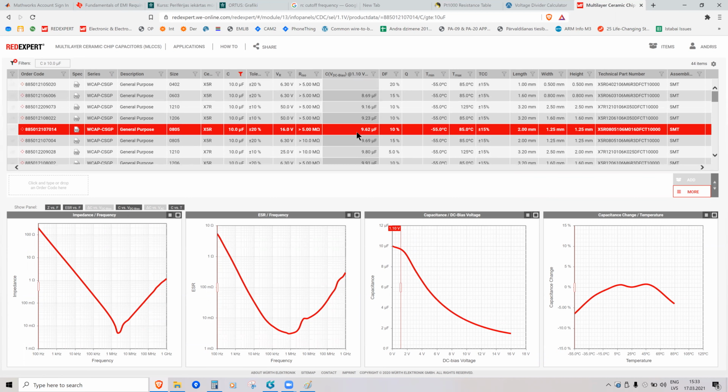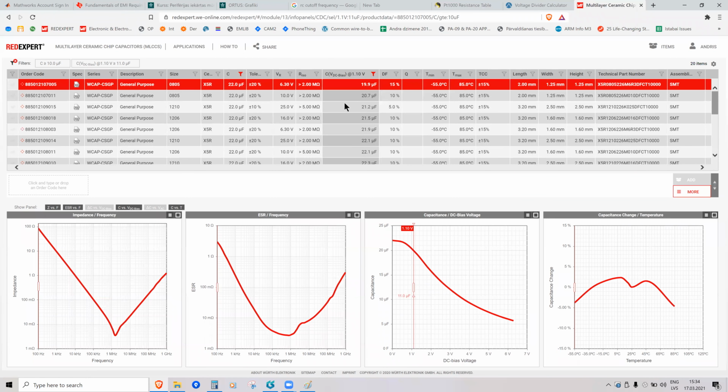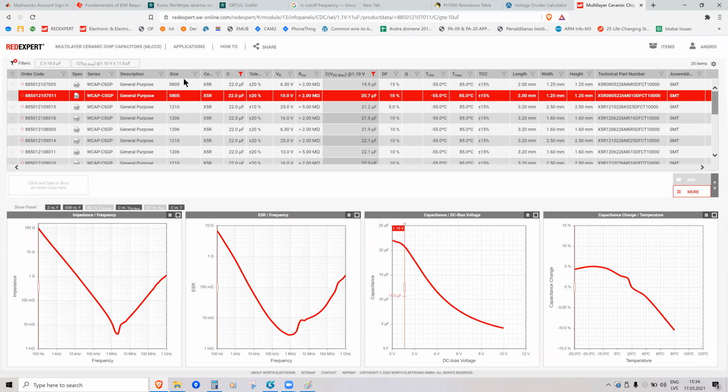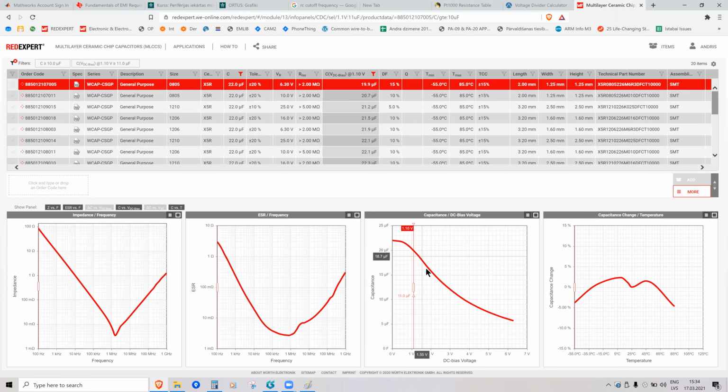So I need something over 11. And this 0805 looks like it would work. So I would just pick one of these two capacitors because they have smaller size, so they will be cheaper, and their capacitance is higher than what I need at this bias voltage.